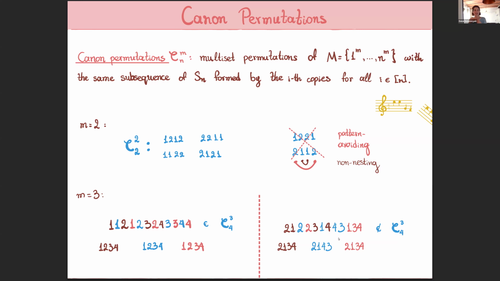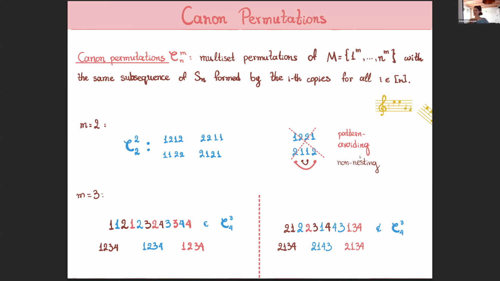And that condition characterizes Canon permutations even for larger n when m is equal to 2. So that's why Sergi Elizalde introduced these permutations, and for the case m equals 2, he called them non-nesting because they avoid this nesting condition. But we're going to be working with larger m as well, so Canon permutations.